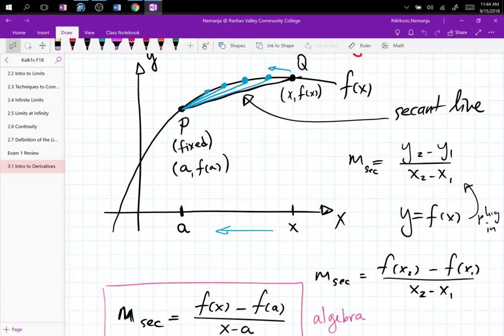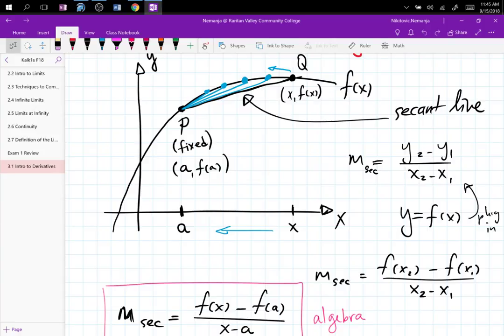So, point Q is going to approach point P. No matter how close or how far they are, algebra will be able to calculate the slope of the secant line. Hell breaks loose as soon as point Q collides with point P and they are at the same location.